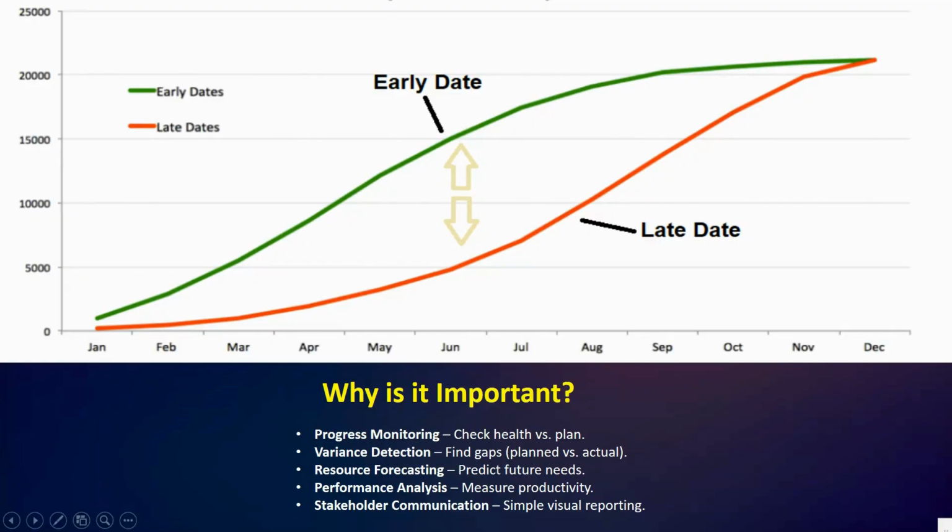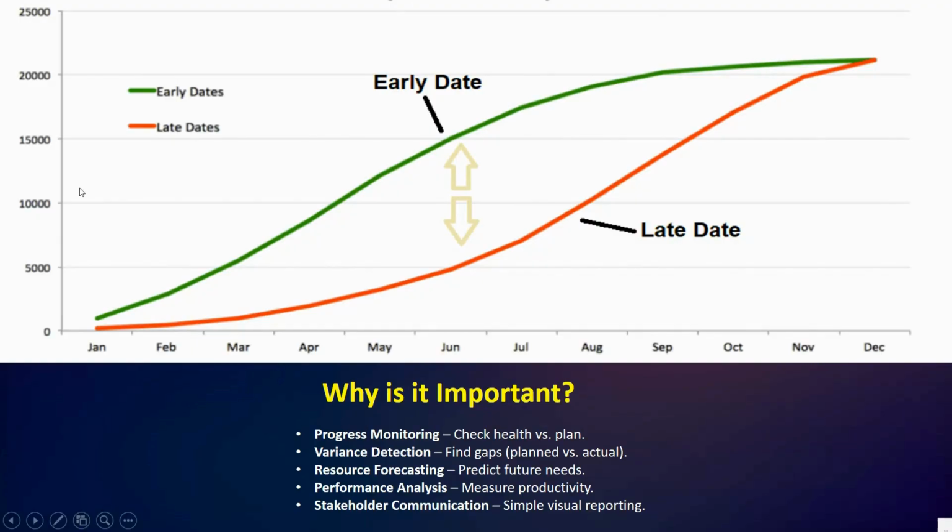Third, we have resource forecasting, to predict future needs. S curves help us look ahead. By seeing the trend, the project manager can predict how many resources, such as manpower, equipment, or material, will be needed in the future.